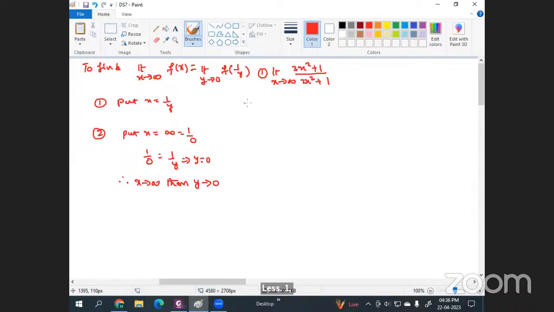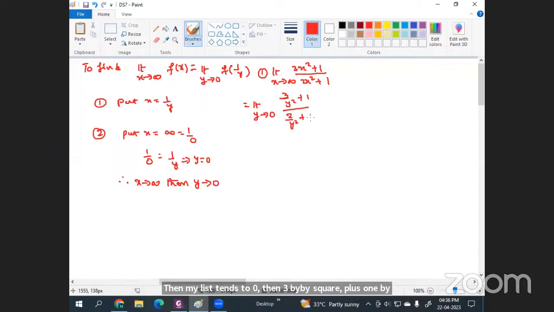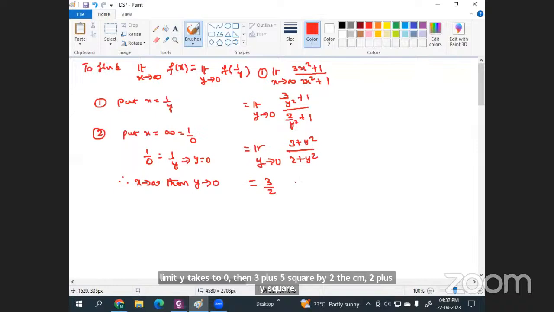Now put x equal to 1 by y, then y tends to 0, then (3 by y square plus 1) by (2 by y square plus 1), right? So limit y tends to 0, then (3 plus y square) by (2 plus y square), taking the LCM. Put y equal to 0, we are getting 3 by 2.